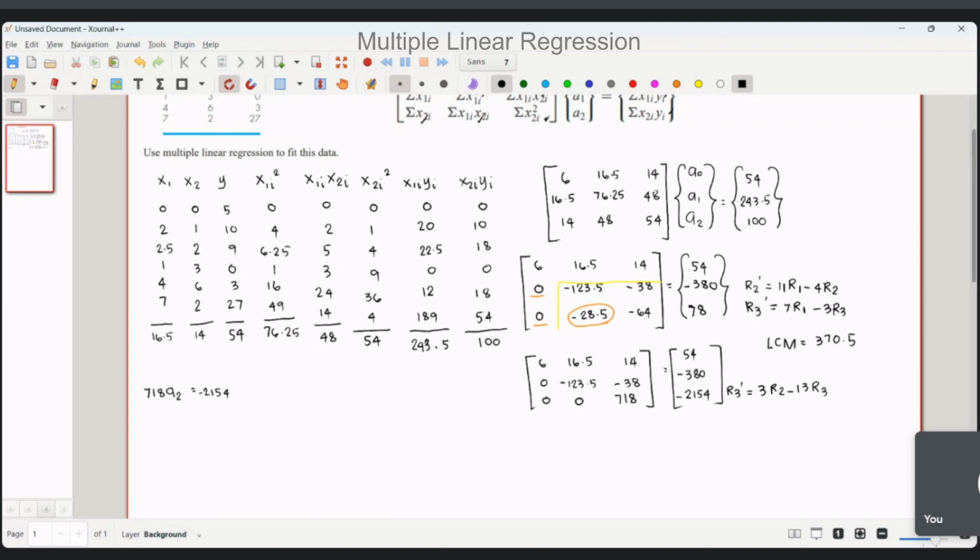So our A2 is negative 3. You have our A2 as negative 3. Next, we can solve our A1: A1 minus 38 A2 equal to negative 380.